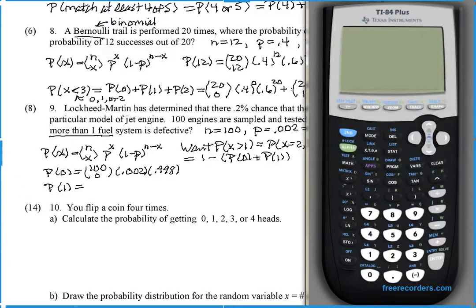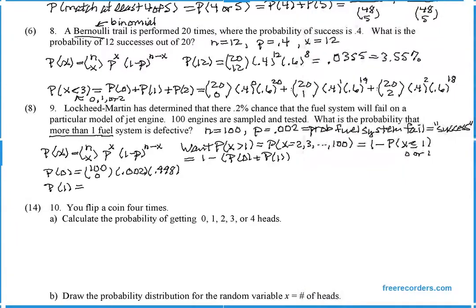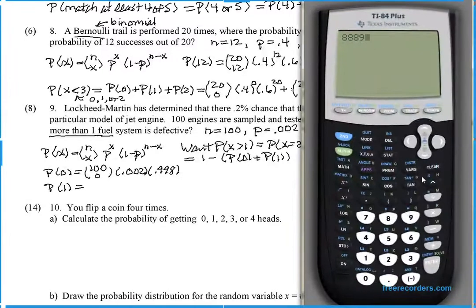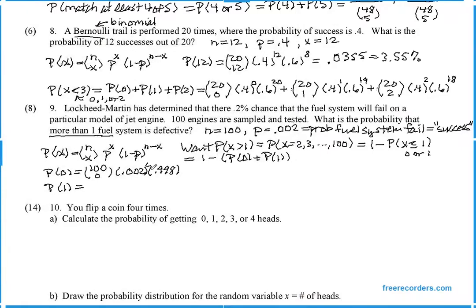I need to refresh my calculator again. Okay, so that's this number here. And then the 0 exponent goes on p. And then this exponent has to add up to 100. So that's going to be 100 power. Okay, we'll key that in a second.